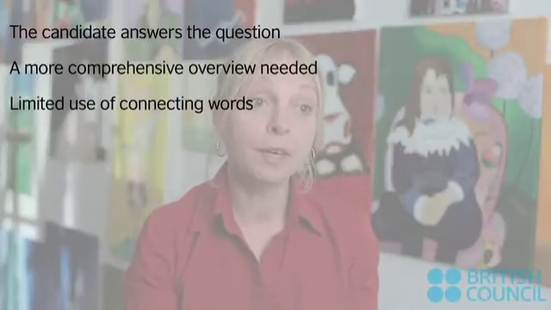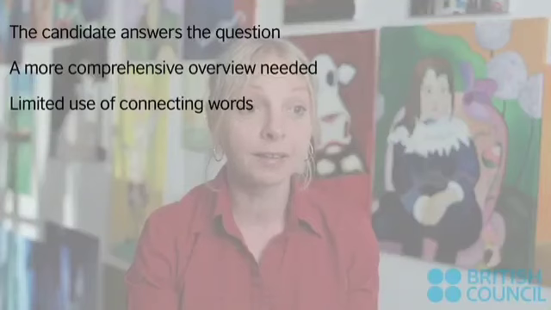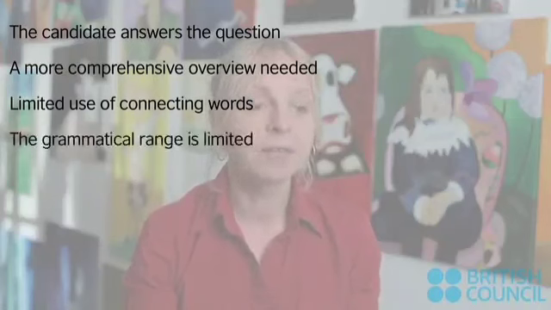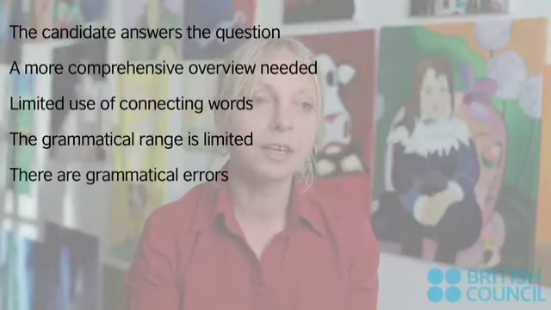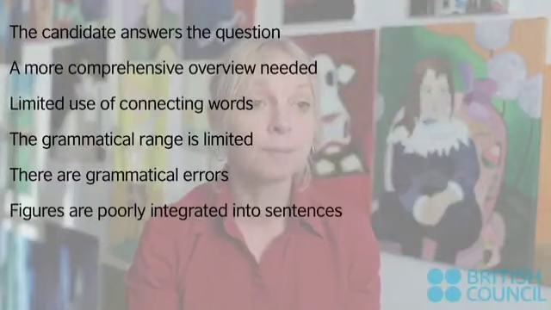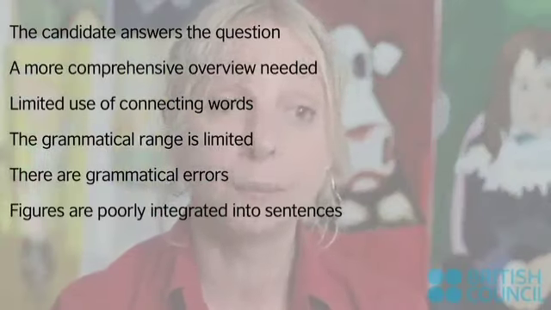The vocabulary is sufficient for the task, but the grammatical range is not wide enough. The candidate has tried to use complex sentences, but there are quite a lot of mistakes, especially when talking about the figures or the numbers. What has prevented this from getting a 6 is the lack of control over the grammar.